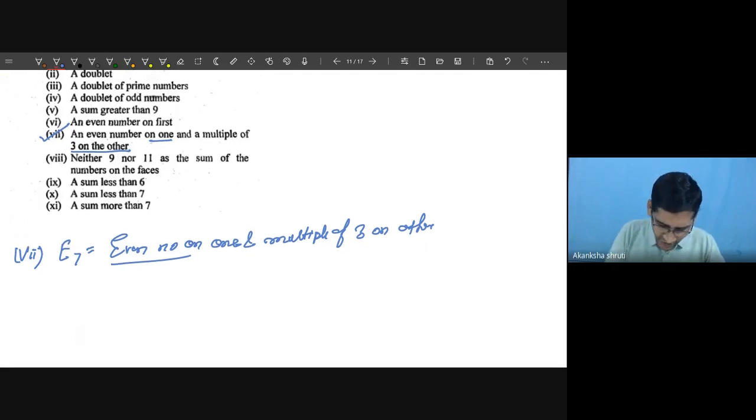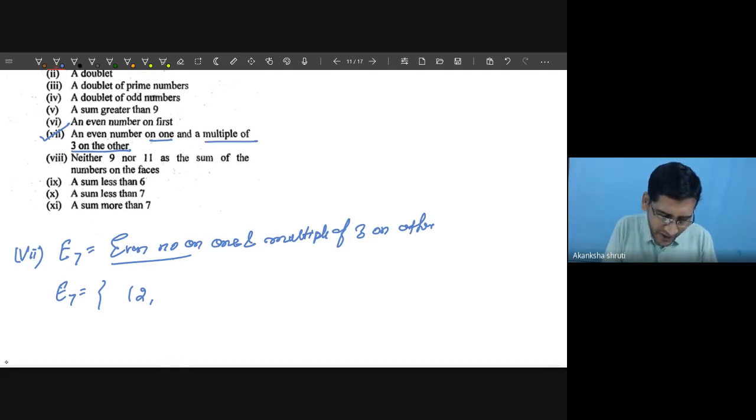So on first you may take the even number, means you may take 2, whatever the other is there. But for the other, it is given as multiple of 3. So 3 multiplied by 1 is possible, 3 ones are 3. 3 multiplied by 2 is possible, 3 twos are 6. So it could be 3, or even with this 2 taking as even, the second can be 6.